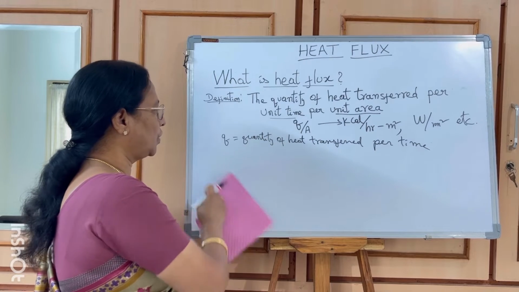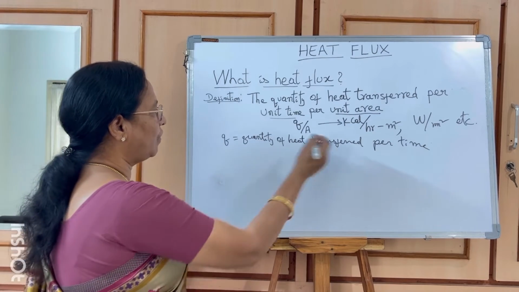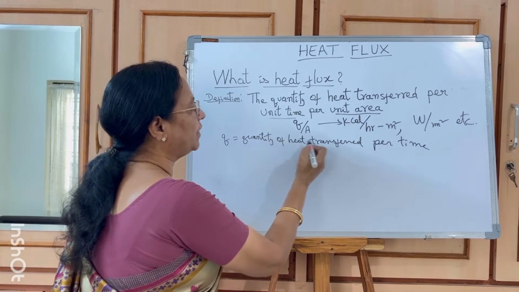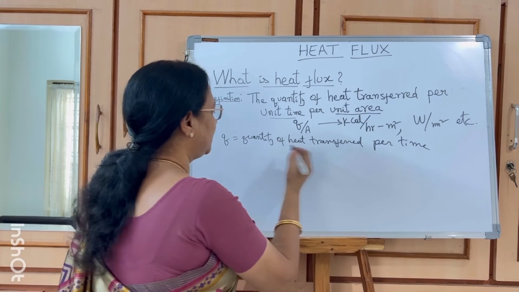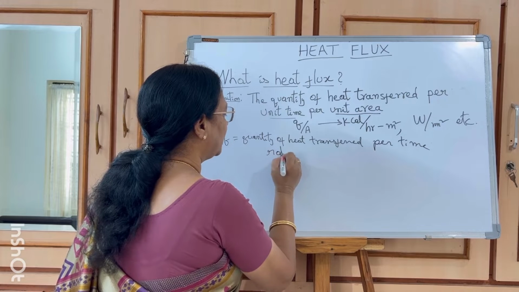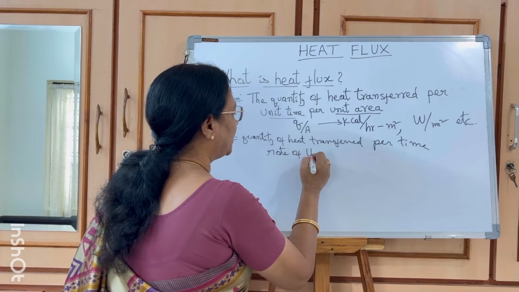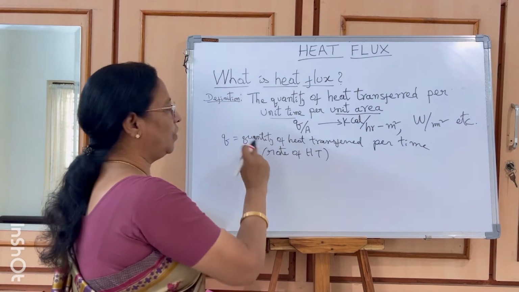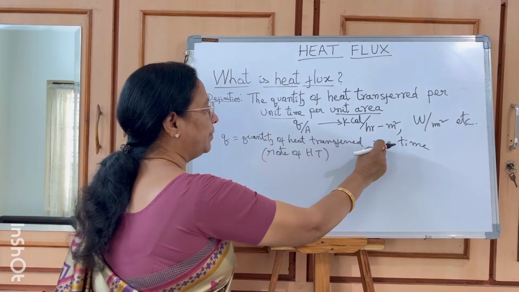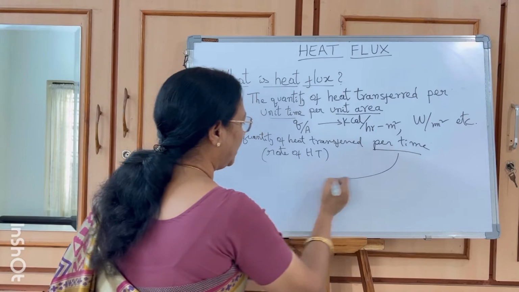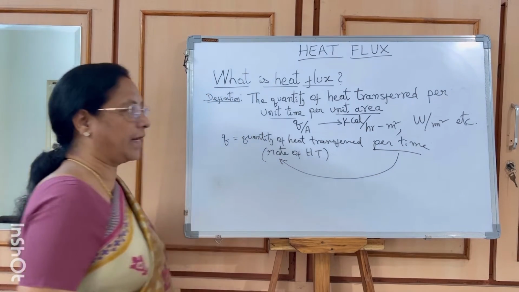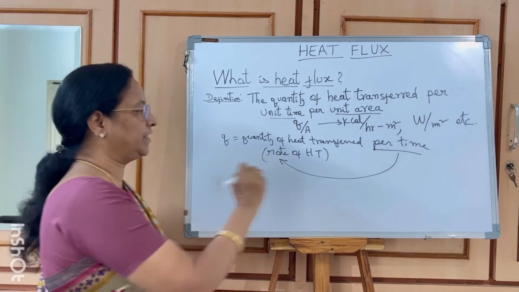Here we are using Q for the rate of heat transfer. Quantity of heat transferred per time is also known as the rate of heat transfer. Per time is always called rate. So rate of heat transfer.